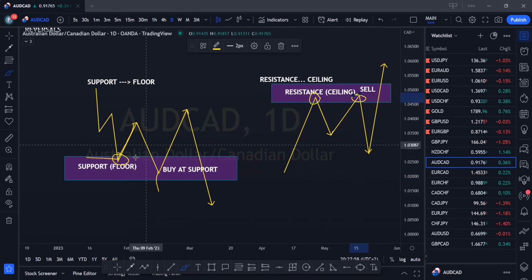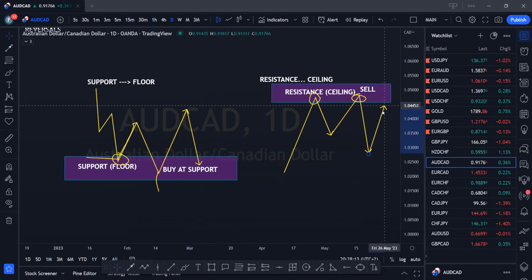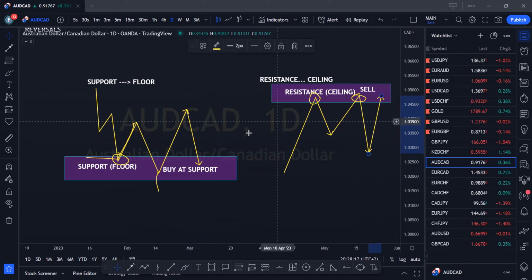So when you have 2 touches, the next time that price comes into that zone, you're now waiting for a reaction here for a buy. That's why we buy support. Likewise, the same thing for resistance as well. I hope that makes sense. All right, so that is support and resistance.